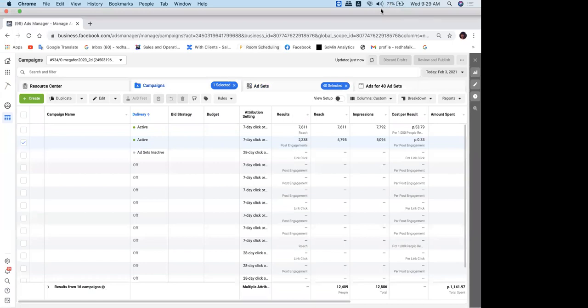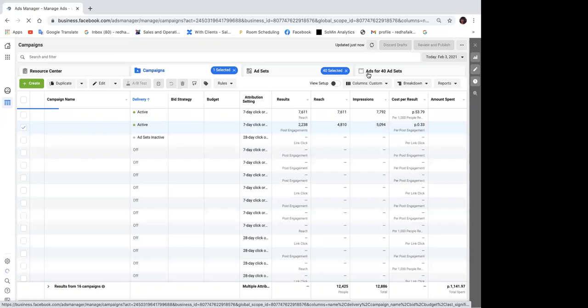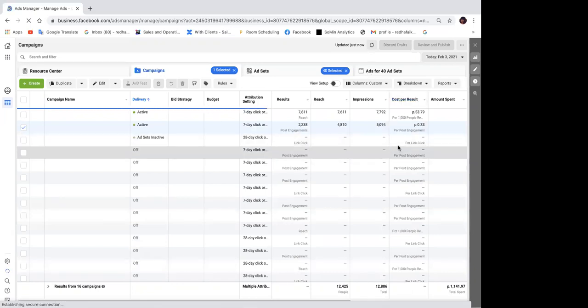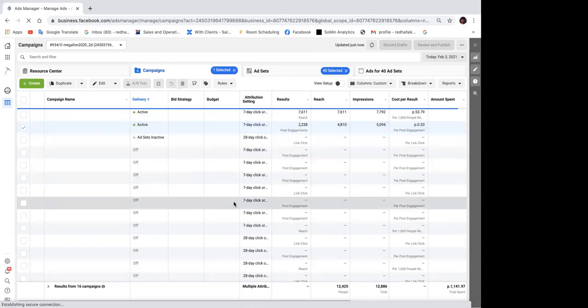Try to reload it, maybe Command Shift R again. You have some problems with Facebook, definitely. Doesn't matter. So your campaign has delivered, this is number 2, right?